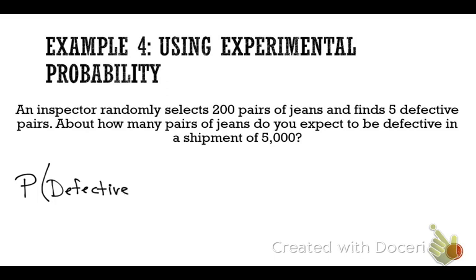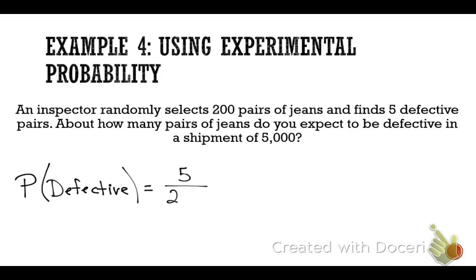Technically the word favorable is kind of odd, since you don't want them to be defective. But again, defective is what I'm trying to measure. So how many were defective? There were 5 out of how many?